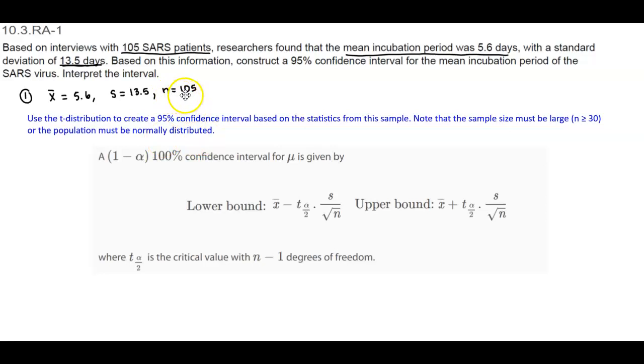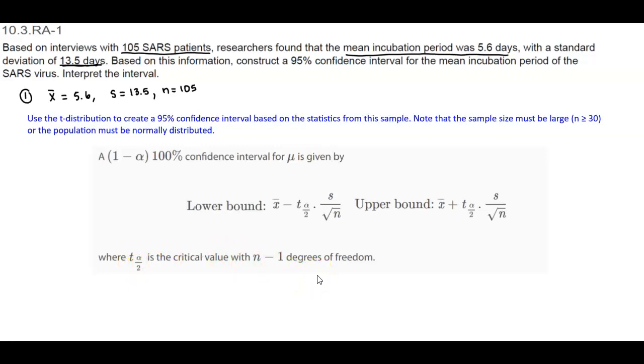Here n is equal to 105, therefore it is greater than 30. So a 1 minus alpha 100% confidence interval for the population mean is given by the following. The lower bound is the sample mean minus the t critical value times the sample standard deviation over the square root of n, and the upper bound is the same, only with a plus here, where the t critical value is the critical value with n minus 1 degrees of freedom.